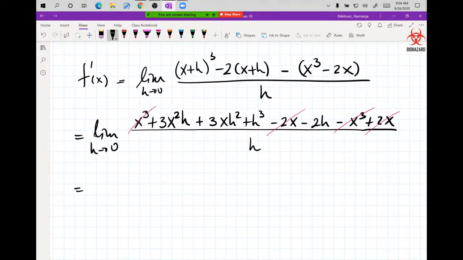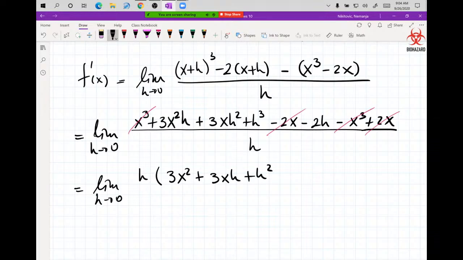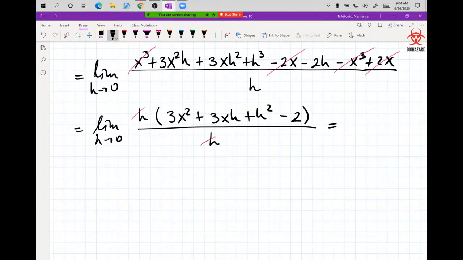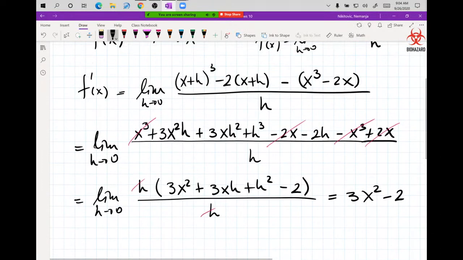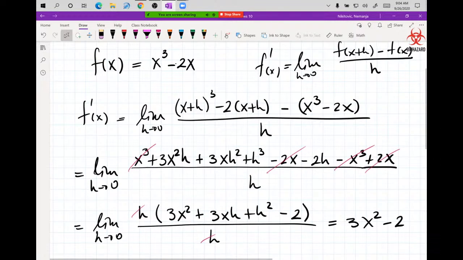The only terms left are the terms that have an h in them, and I can factor that h out, giving us 3x squared plus 3xh plus h squared minus 2, divided by h. That cancels the h, and when h goes to 0 it kills those terms, giving us 3x squared minus 2. This was the procedure we embraced last class to find the derivative.